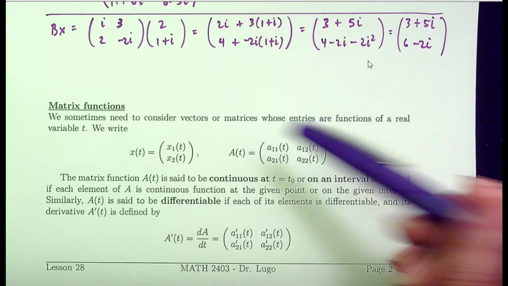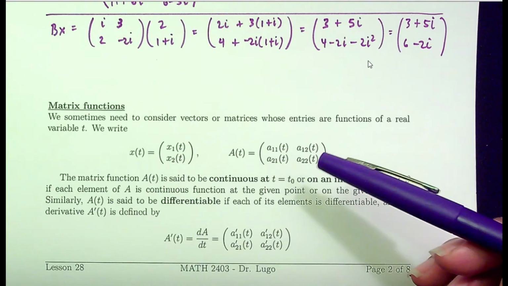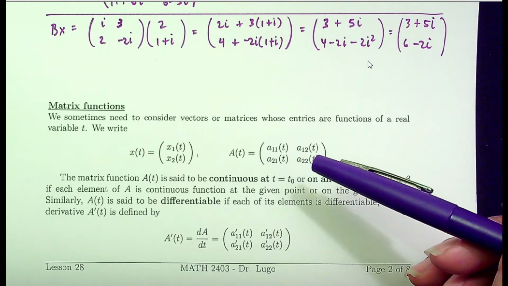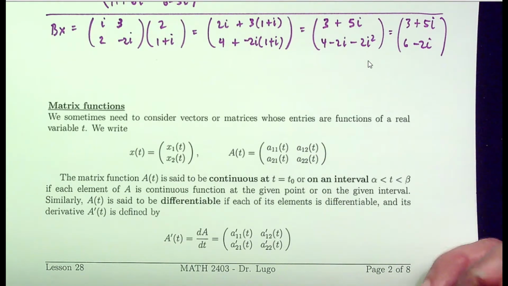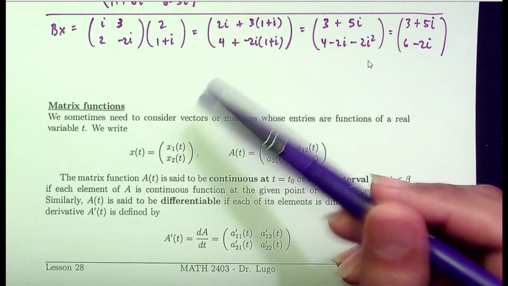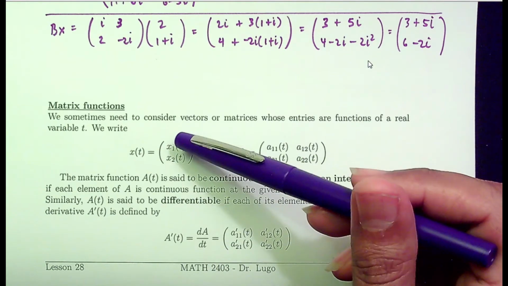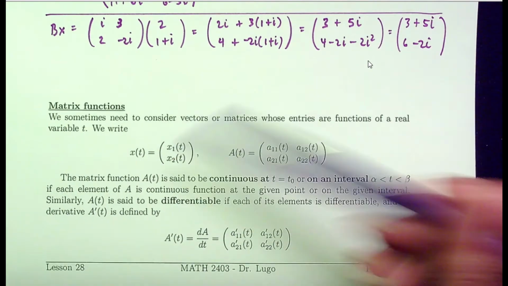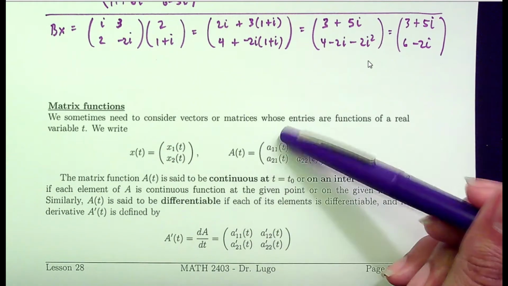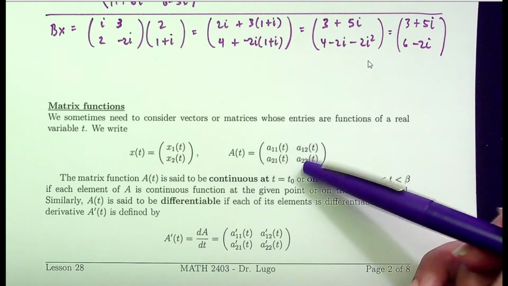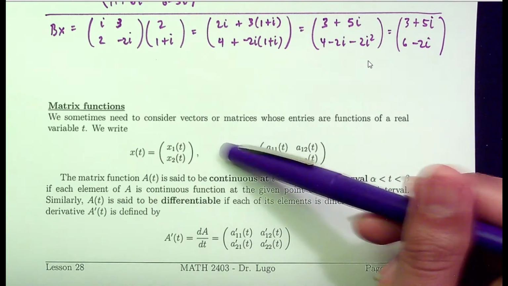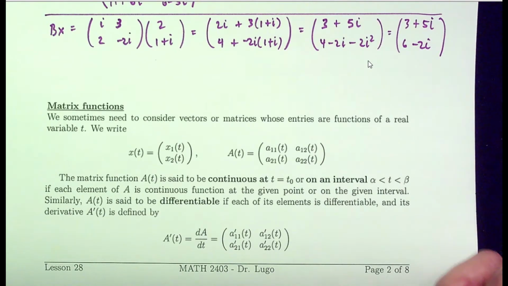If I want to take the limit, I just find the limit of the individual entries. And you also learn that a vector function is continuous in Calc 3 if each of the entries is continuous. Same is going to be true for our matrix. So this matrix function is continuous if all of these are continuous.